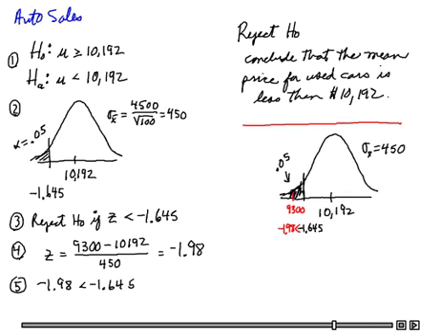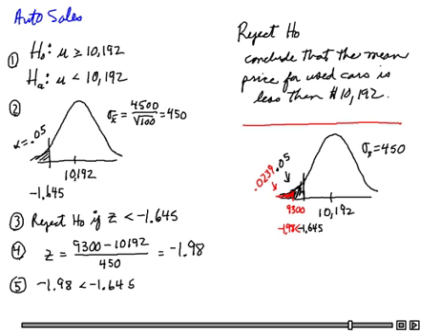So the probability of getting anything less likely than the 9,300 is going to be calculated by finding the area under the density function below the 9,300, or from the table to the left of the negative 1.98, and that is 0.0239.